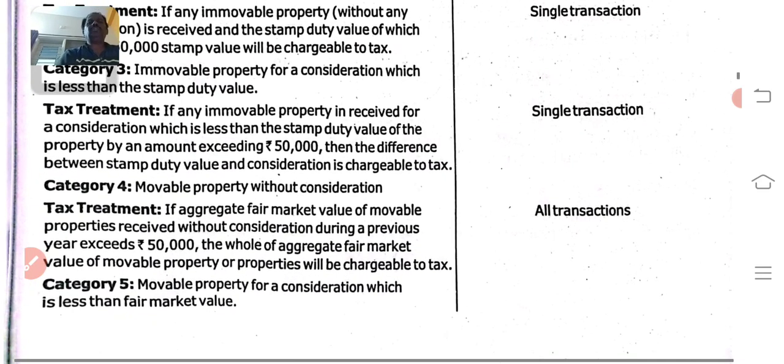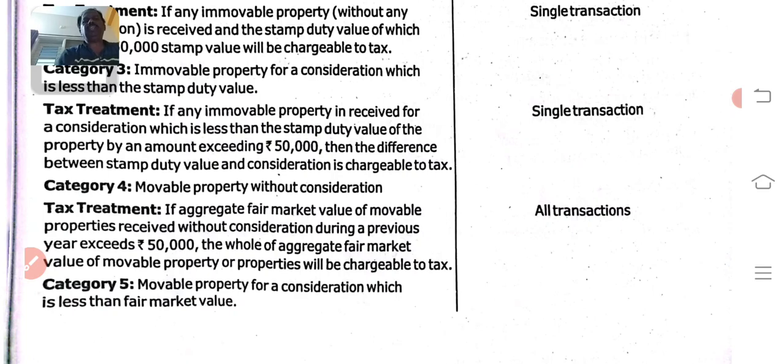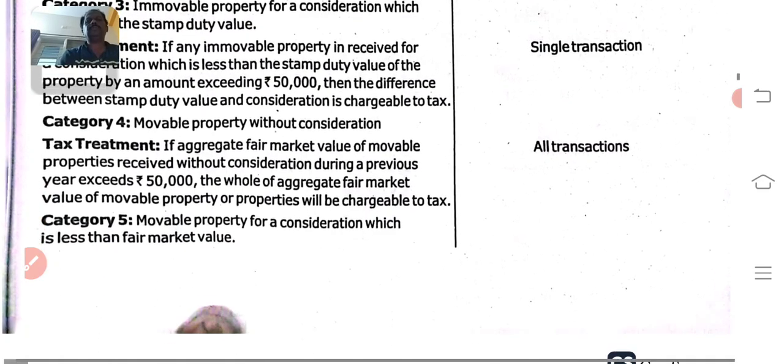Movable property without consideration. If aggregate fair market value of movable property received without consideration during a previous year exceeds rupees 50,000, the whole of aggregate fair market value of movable property or properties will be chargeable to tax.